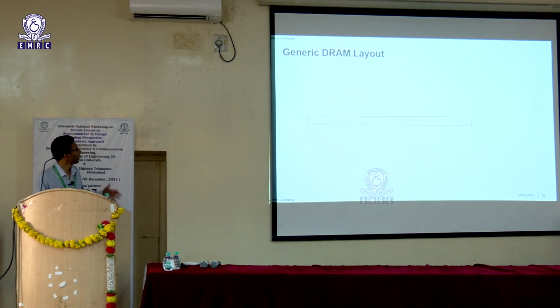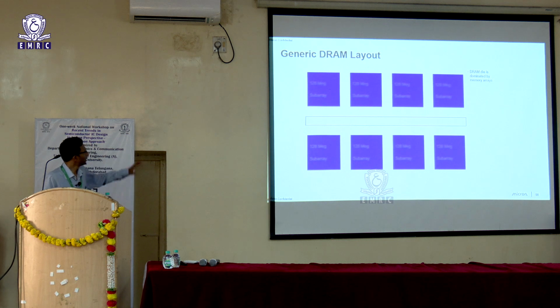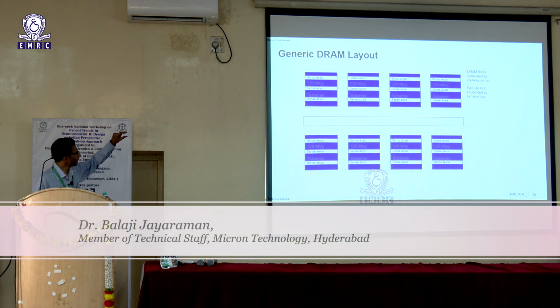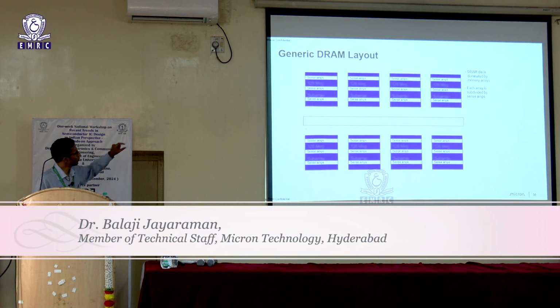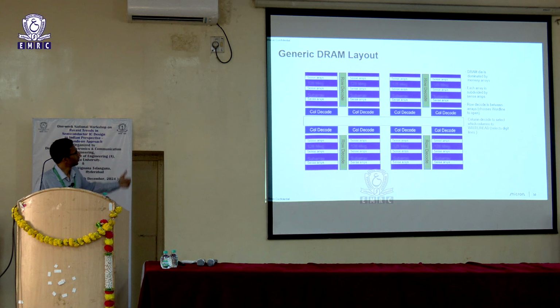Now let's see how a typical DRAM is constructed. You have multiple banks. Each one is a 128 megabit subarray that we are talking about, and then you create openings here for your sense amps to reside. The purple ones are going to be your sections, and then you have your sense amp regions, and between banks is where you have your row decodes, and below the sense amplifier at the bottom of the bank is where you have your column decodes.